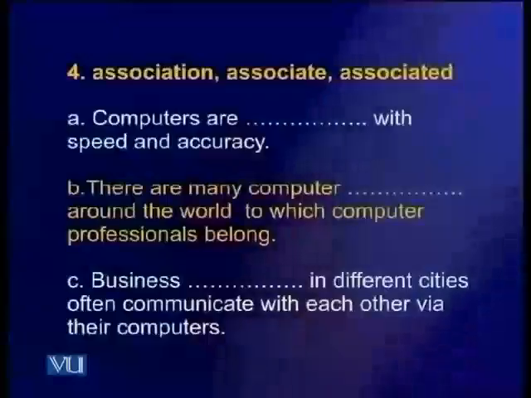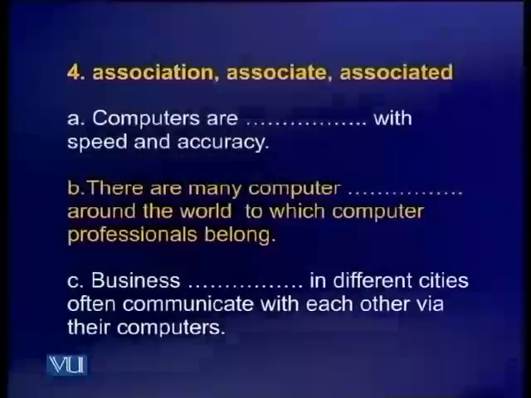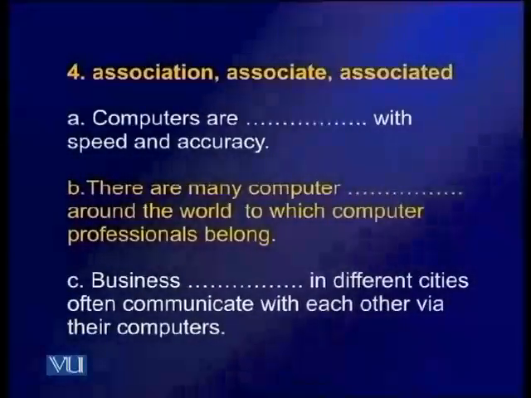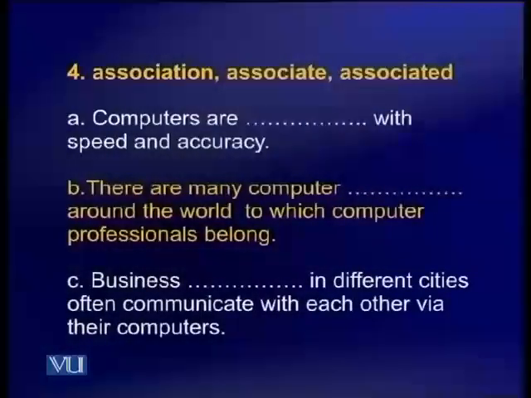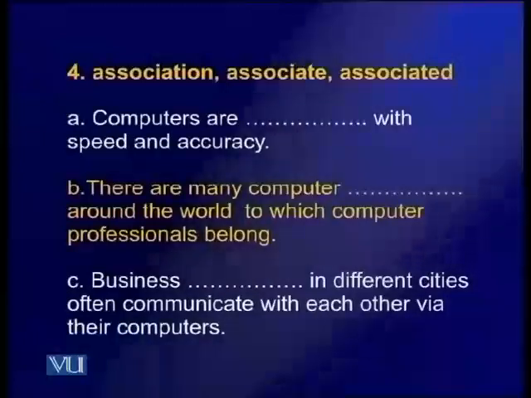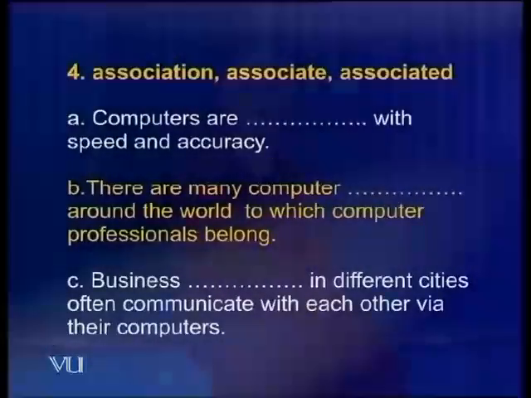And number C, very easy. You've used up the other two. You are left with only one choice, the correct one. Business blank in different cities often communicate with each other via their computers. Business associates in different cities often communicate with each other via their computers. Right.